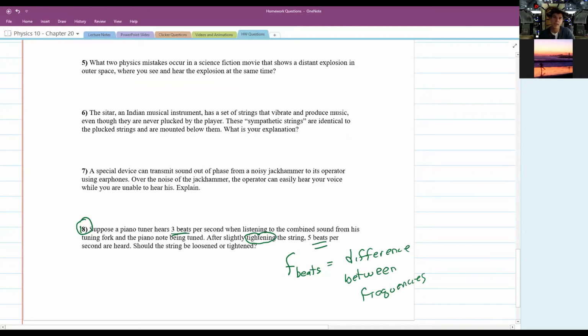I don't want to tighten it more. What I want to do is loosen it. So in this case, I would loosen the string so I'm not hearing as many beats per second. And ideally, what I want is no beats. When I hear no beats between the tuning fork and the plucked string, that means those 2 frequencies are exactly the same.